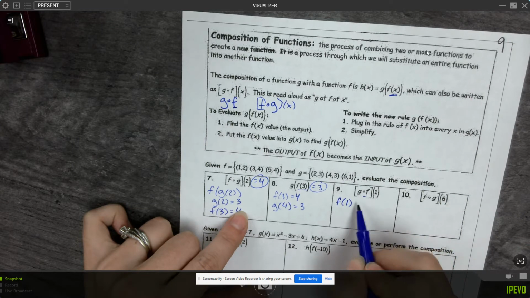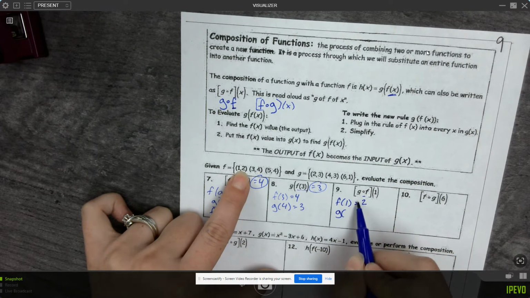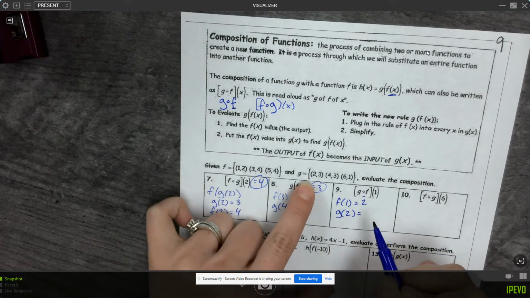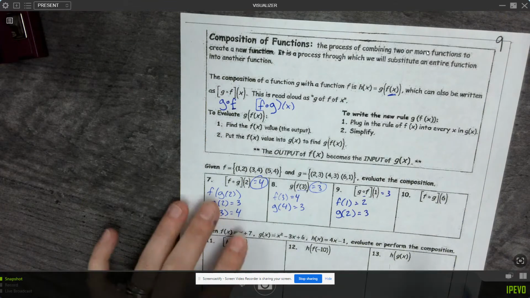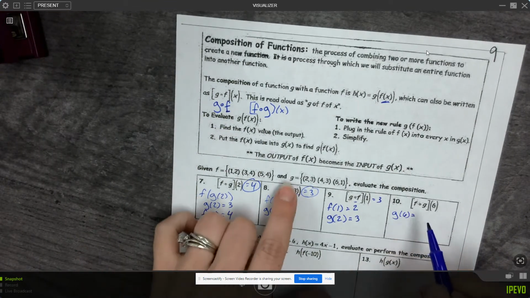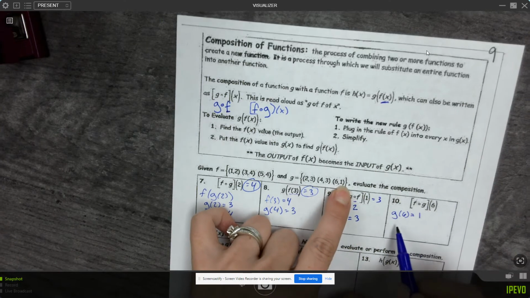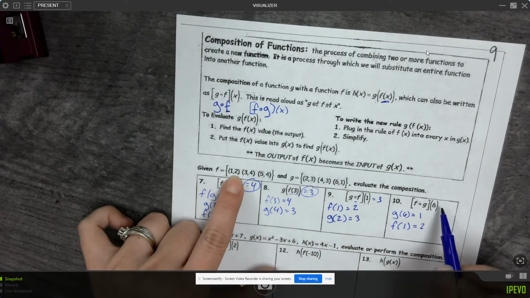Start with the second one with that number. F of 1 is 2. Now I'm going to use g of that. G of 2 is 3. F of g of 6, so g of 6 first. G of 6 is 1. Now f of 1 is 2.